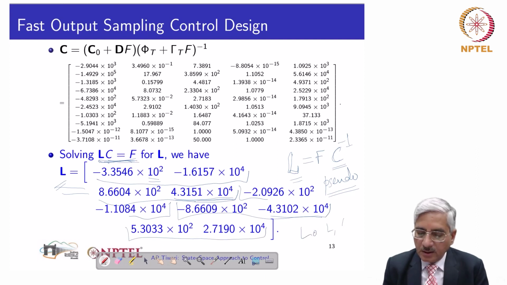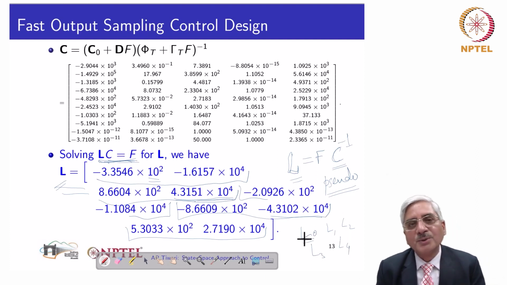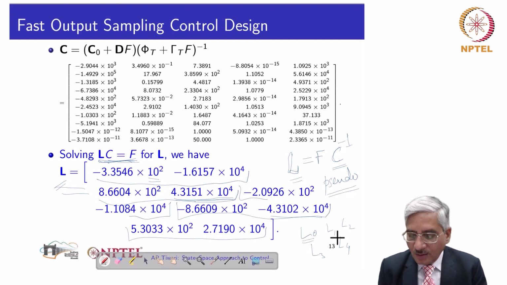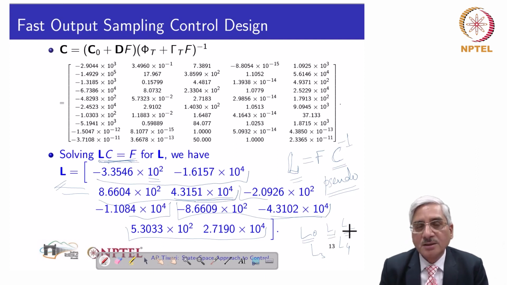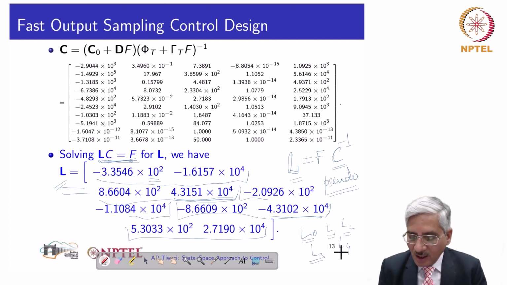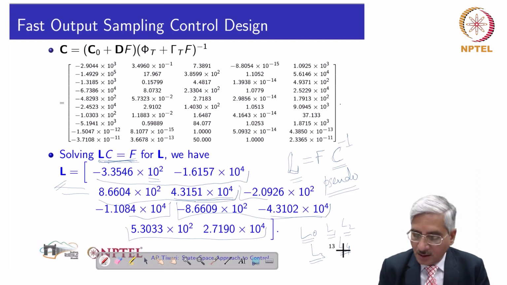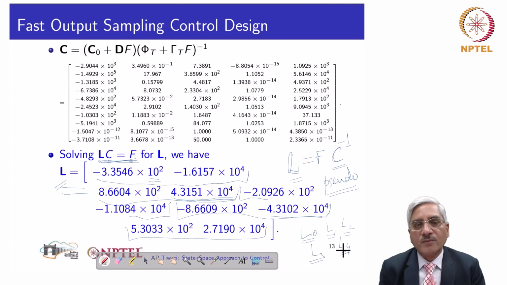L0 will multiply the output y(kT), L1 will multiply y(kT plus delta), L2 will multiply y(kT plus 2 delta), L3 will multiply y(kT plus 3 delta), and L4 will multiply y(kT plus 4 delta) to implement the fast output sampling gain.